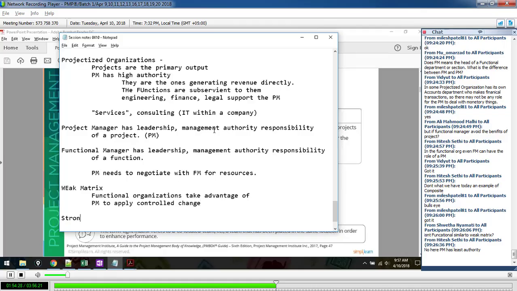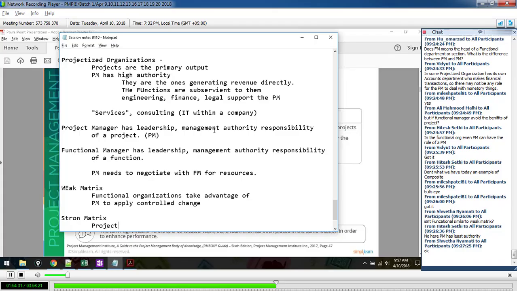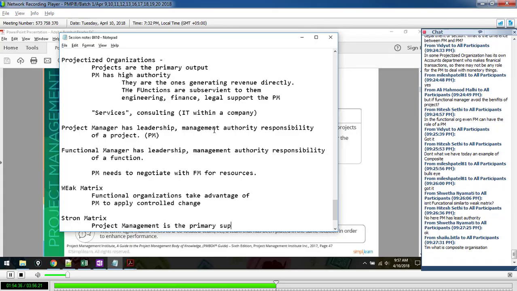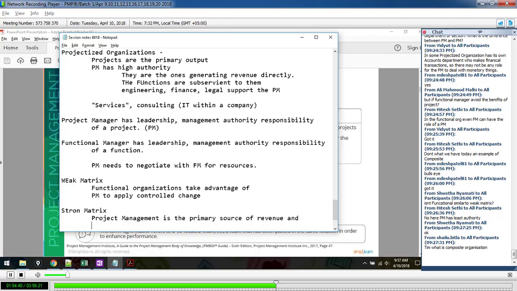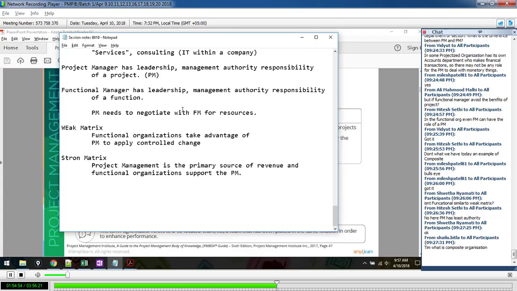And a strong matrix is where project management is the primary source of revenue and functional organizations support the PM, okay? That's the best way to think of it.